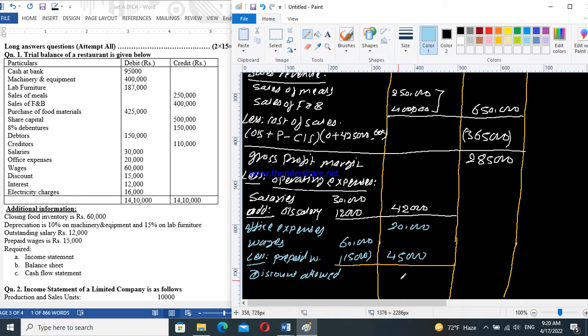Discount is 15,000. Next we have electricity charges, 16,000.